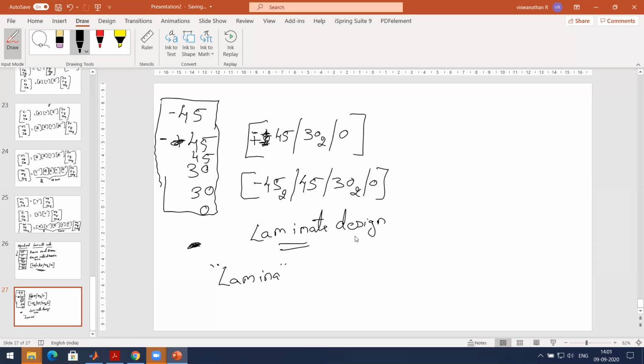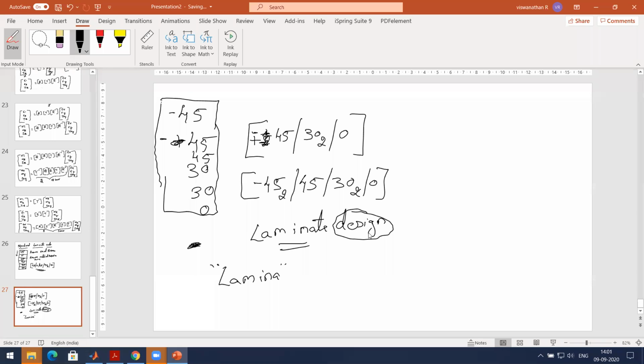I have not talked about the design at all still. I'm just taking some example and telling you how to write this in this form. That's all. How do we decide these things? That we will see in the next classes. That is involved in the design.